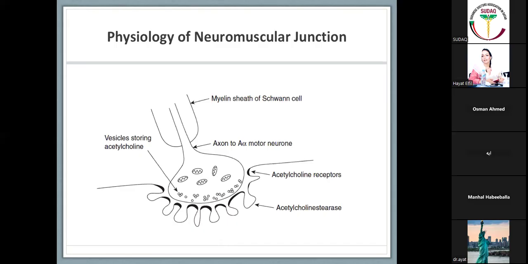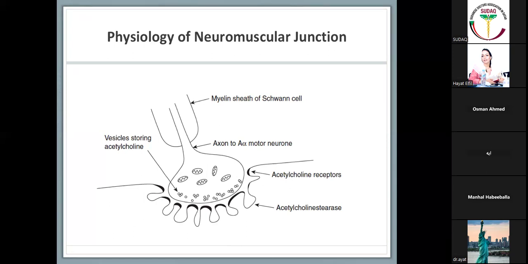That's where it approximates to the neuromuscular junction. So it is a chemical bridge, and the postsynaptic membrane, as you can see, has many folds. The shoulders contain the acetylcholine receptors, while the clefts contain the acetylcholinesterases.